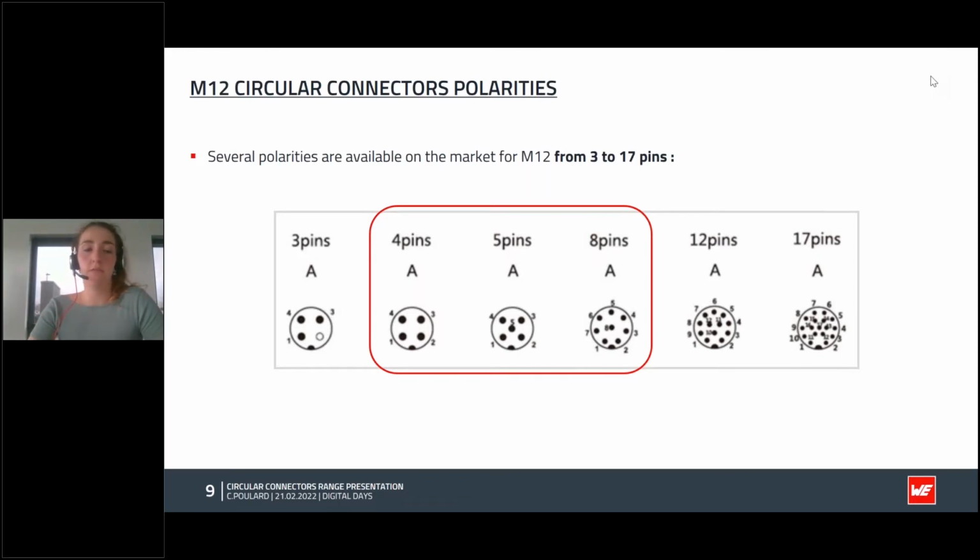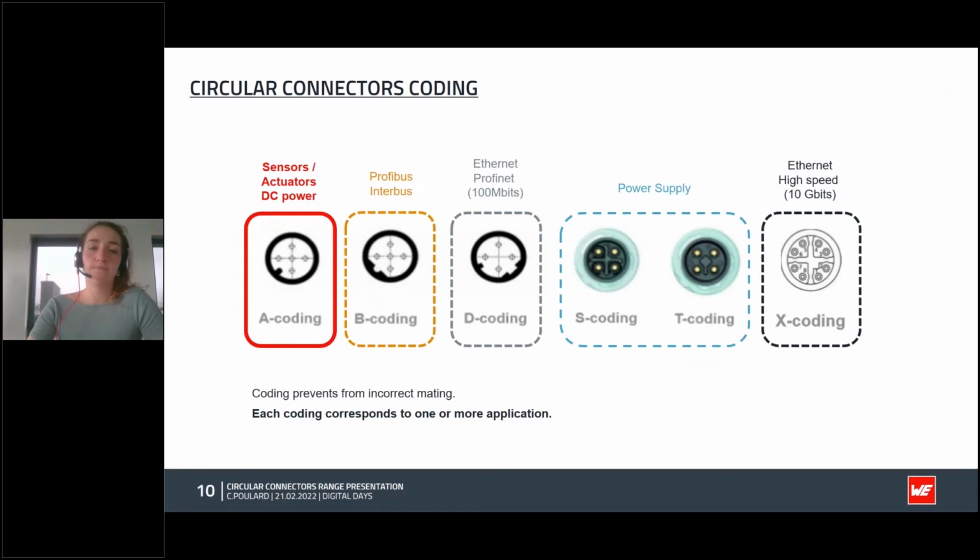So we've seen the size, we've seen the locking system, we've seen the polarity, and the last thing that is really important for circular connectors is the coding. Here you have a few examples of coding. First of all, what is the purpose of coding? Coding prevents incorrect mating.